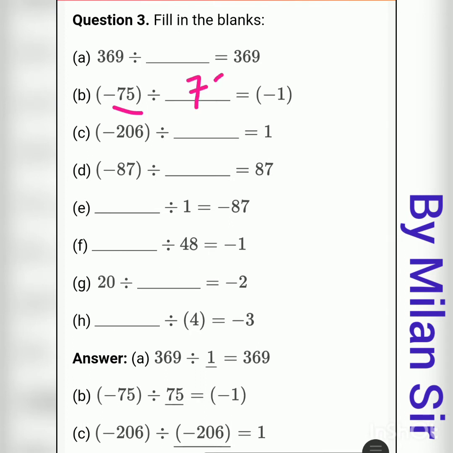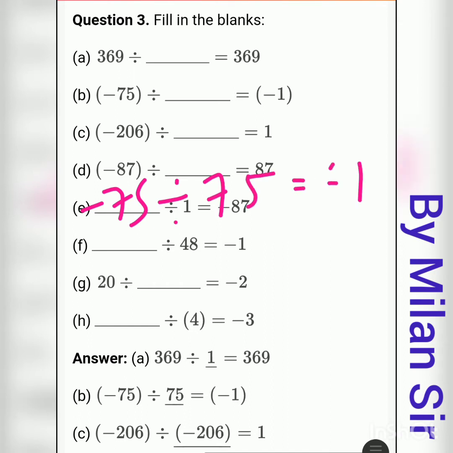Okay, because 75 divided by 75 is 1, and here we want a negative sign, right? Here we have a negative sign, so here we need to put a positive sign, so it becomes plus minus minus. Okay, minus 75 is there, we need to write the same number 75 so that we get the answer 1.